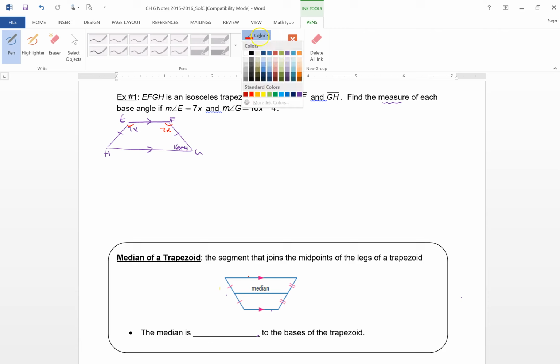Now, a trapezoid has parallel lines with a transversal, so we use our theorems for parallel lines and transversal. These are consecutive interior angles, so they are supplementary. That means 7x plus 16x minus 4 is 180.